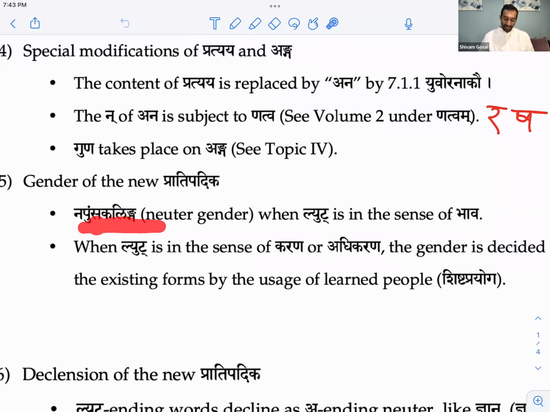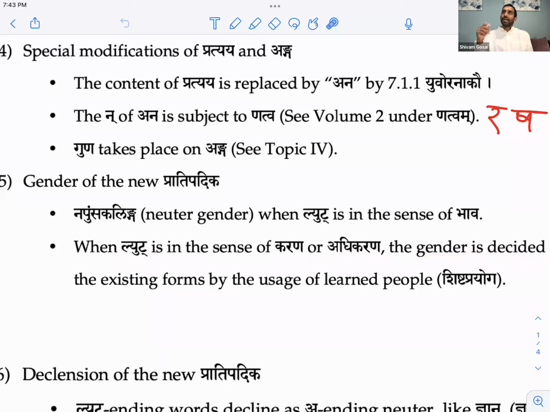The gender: we will use napumsaka linga when lyut is in the sense of bhava, when we're using that "ing" sense. Or when lyut is in the sense of karana or adhikarana, or really any of the karakas, the gender is going to be decided by the existing forms, by the usage of learned people.